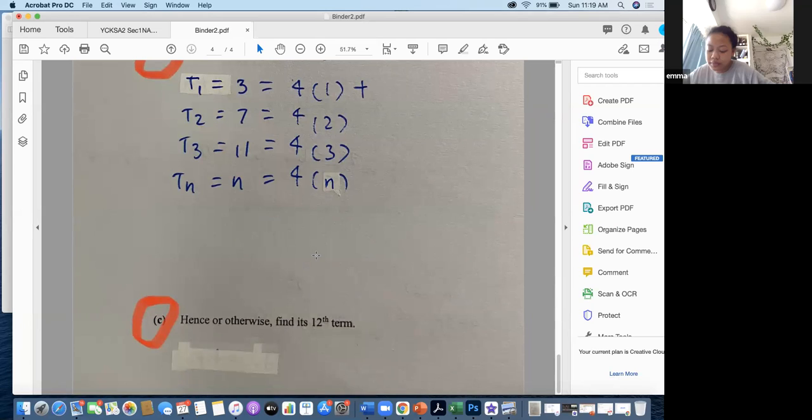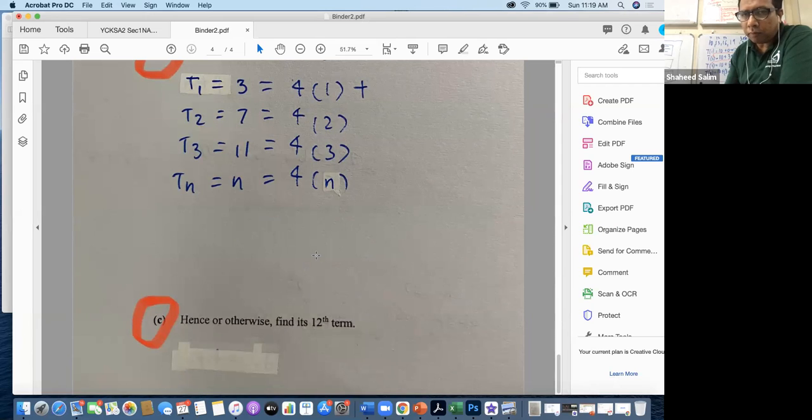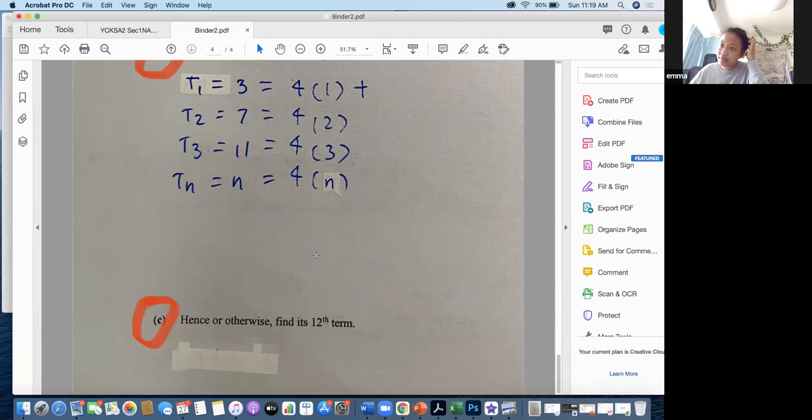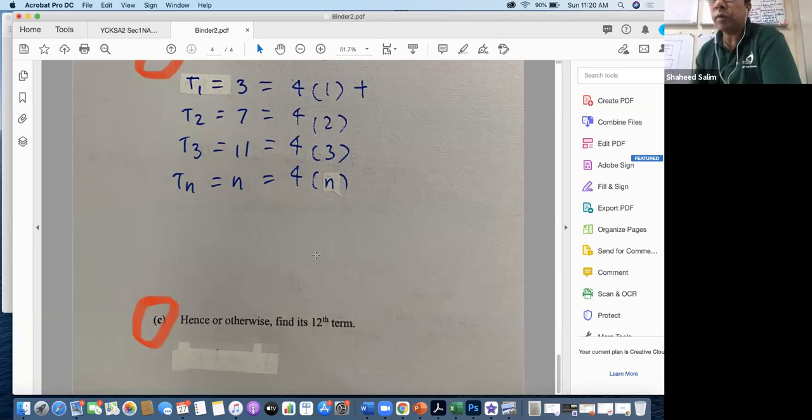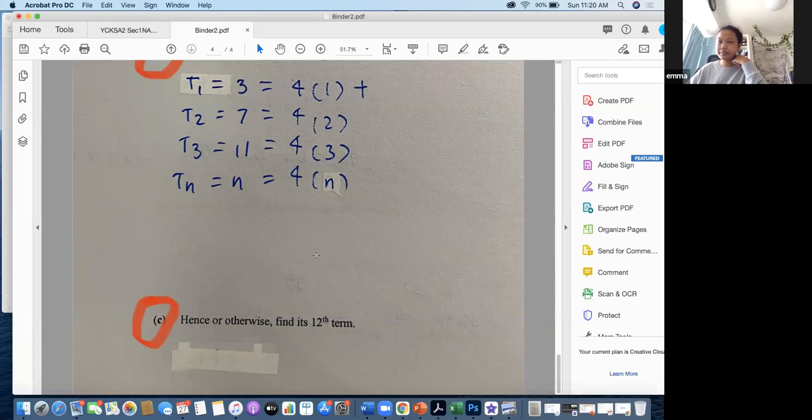T12 equals to? 3 plus 4 times 11. Okay, correct. Then find out what's the answer. 4 times 11 equals 44, and then you plus 3.